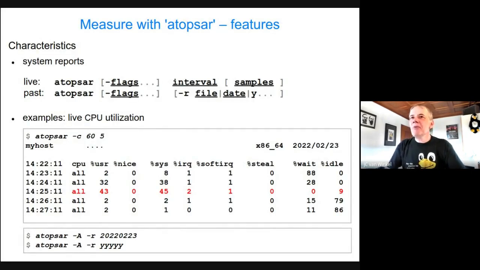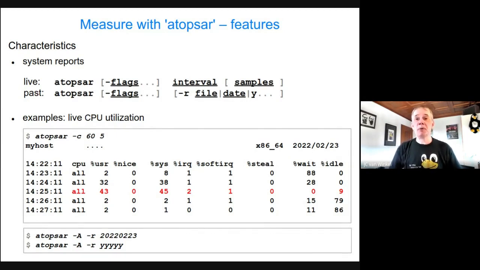Now, some of you may know the old Unix program called SAR, the System Activity Reporter, where you can say something like, show me what current CPU usage is over time, but also it keeps a log. Since Atop is logging anyway, it might as well show this stuff in the format that SAR has.